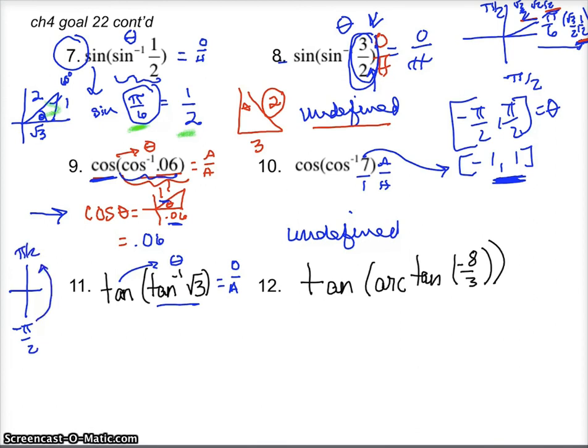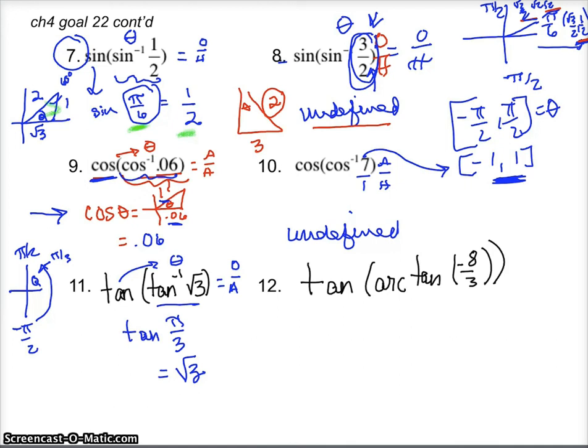Tangent is positive in quadrant 1 and equal to the √3 at pi/3. So initially, the interior is equivalent to pi/3. Now we'll bring down the outside and find the tangent of pi/3, which you know is the square root of 3.